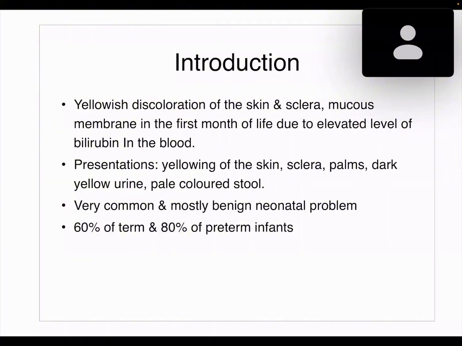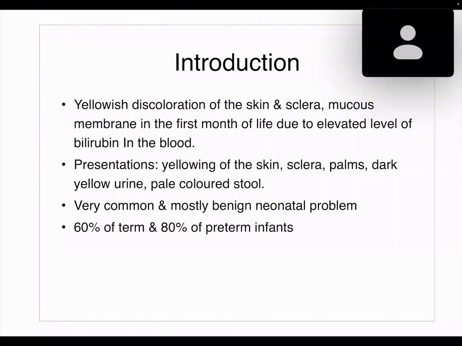You notice the skin being yellow, the sclera, which is the white part of the eye, being yellow, and of course the mucous membrane, that's the other part, the lips, the inside part of the mouth, you notice it being yellow. This is tilting towards jaundice, and it's as a result of elevated level of bilirubin in the blood.